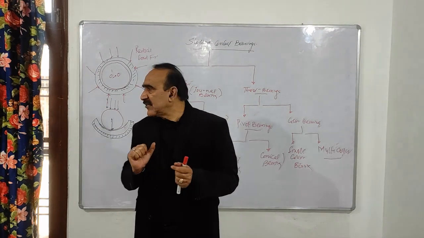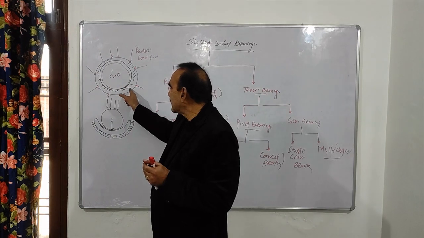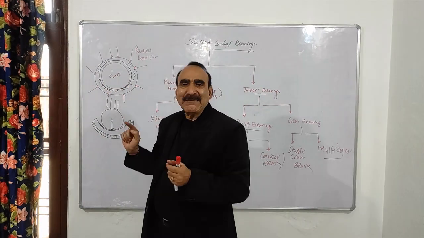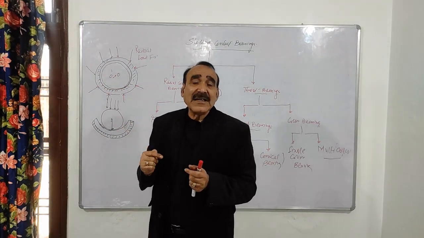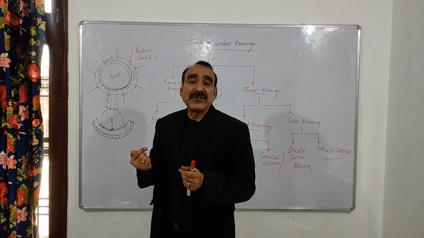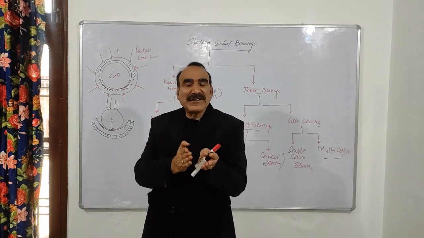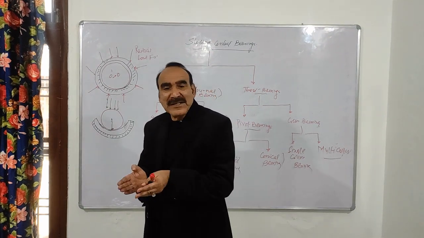What in case of this journal bearing, in case of this shaft, what happens? Shaft is rotating, and when the shaft is rotating, it is transferring the torque from one shaft to another shaft, or one part of the engine to the other part of the engine.